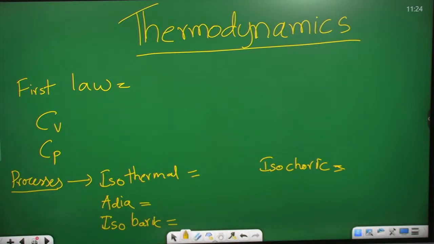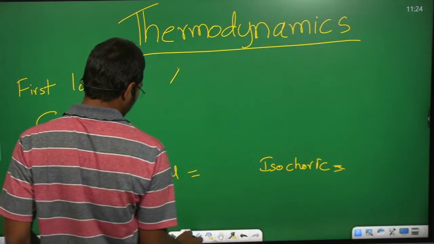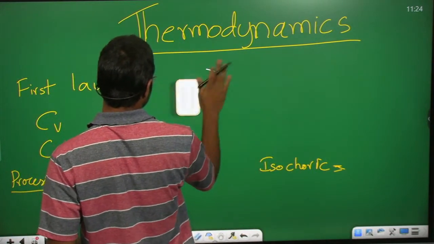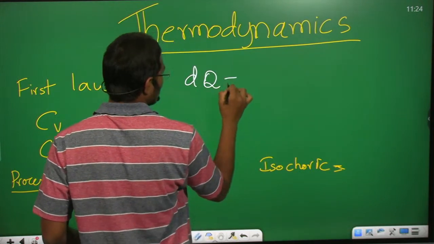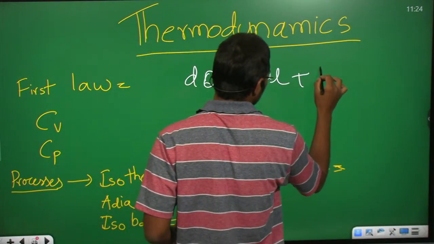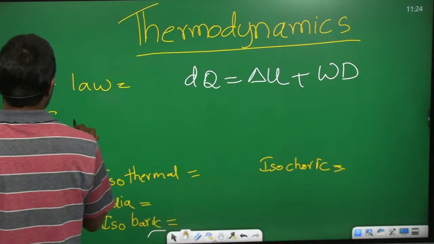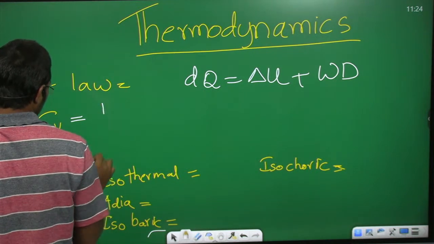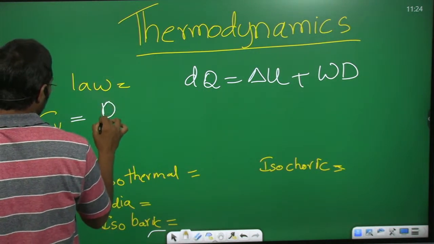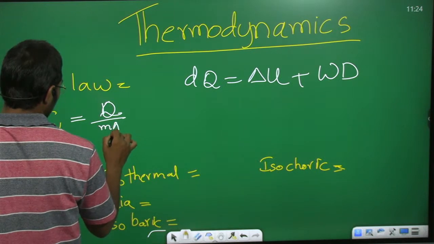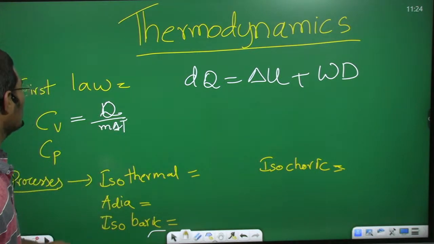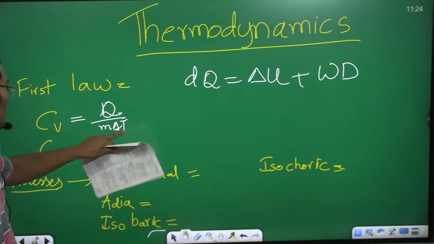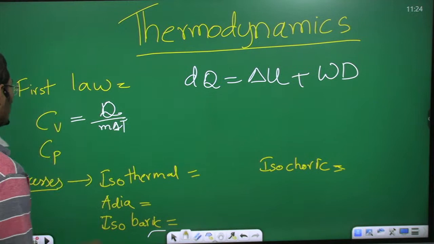So what is first law? Heat supplied is equal to change in internal energy plus work done, right? What is CV? See, m CV dT is equal to Q, so CV is Q by m delta T. Nothing but the heat supplied to raise the temperature by 1 degree for 1 kg of mass at constant volume.